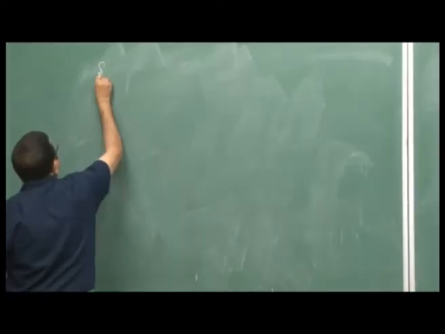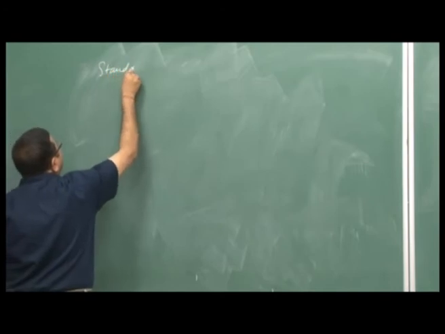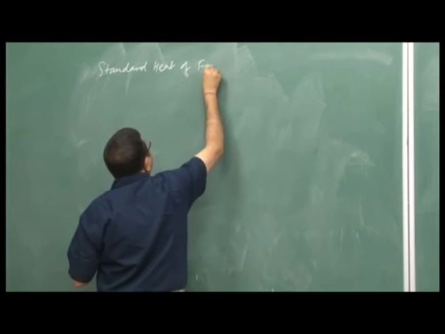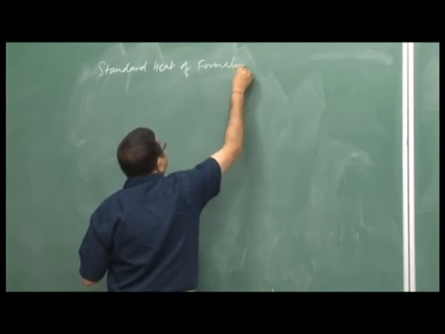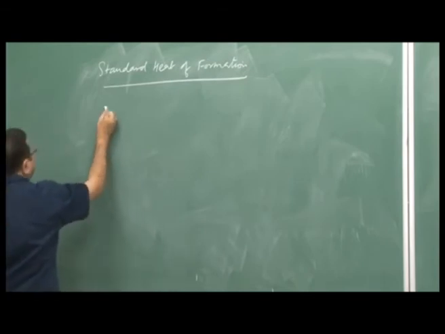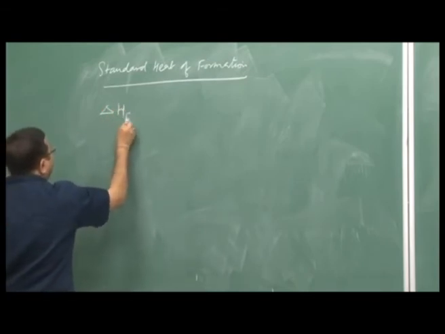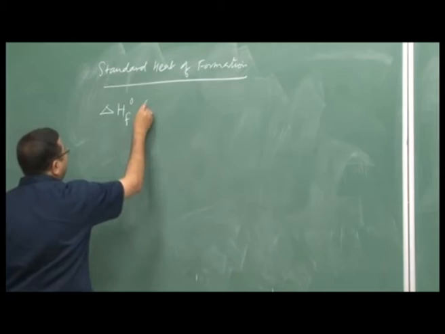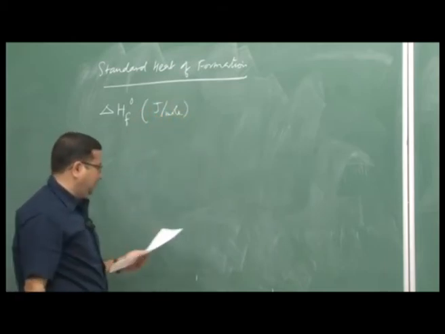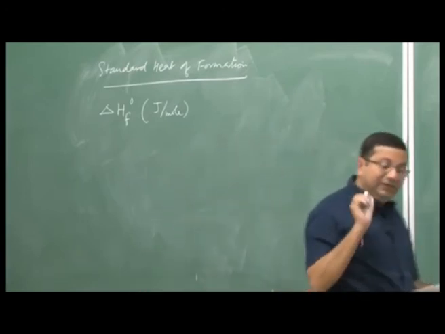We define the standard heat of formation. It is given as delta H f naught, units joules per mole. So, by definition it is a defined property.